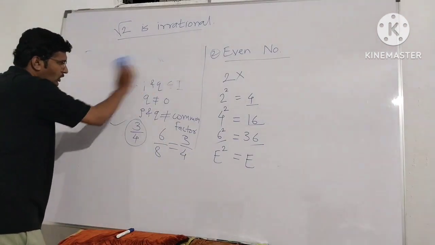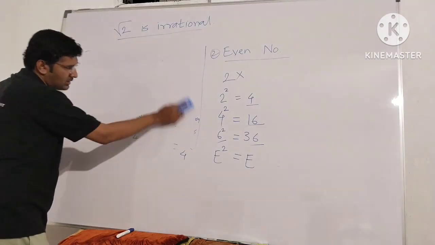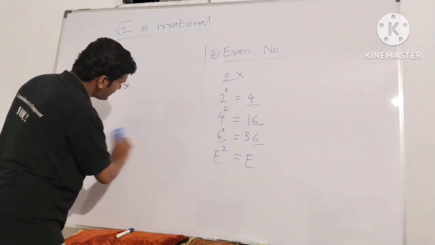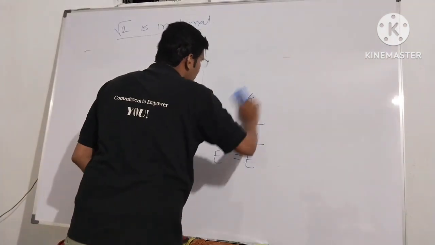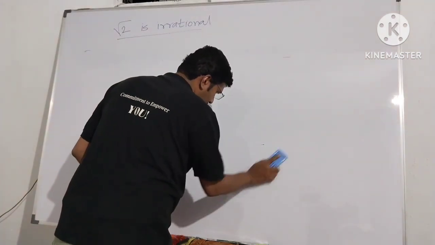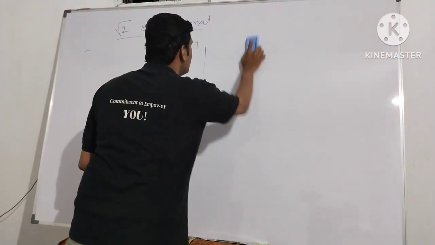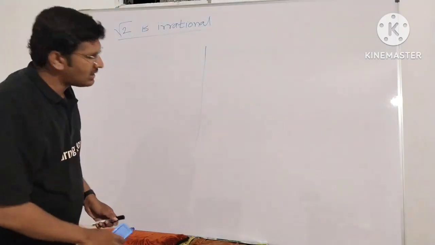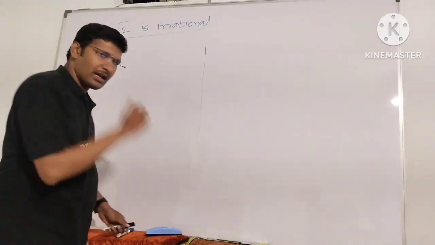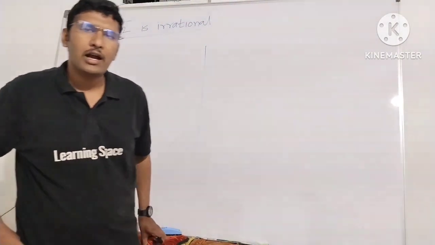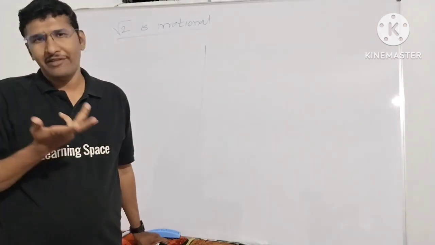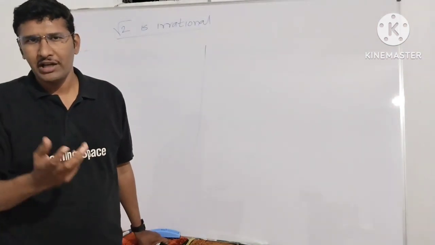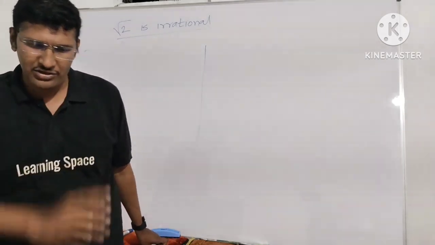We prove that root 2 is irrational by the method of contradiction. In contradiction, we first assume that root 2 is rational, and in the end we get to know that it doesn't qualify as a rational number, so if it is not rational, it is irrational.